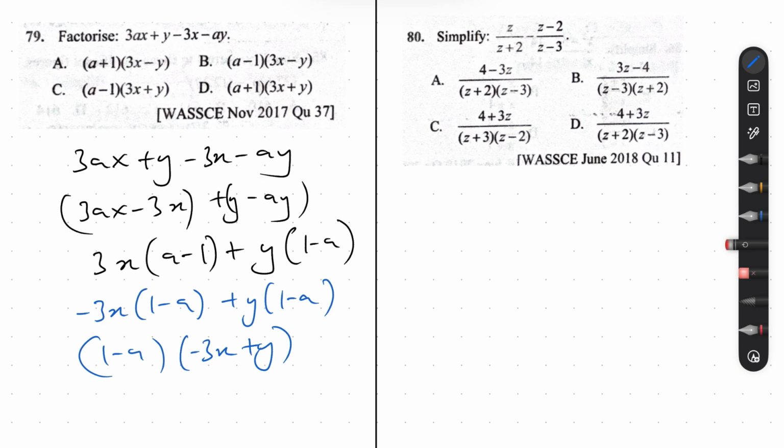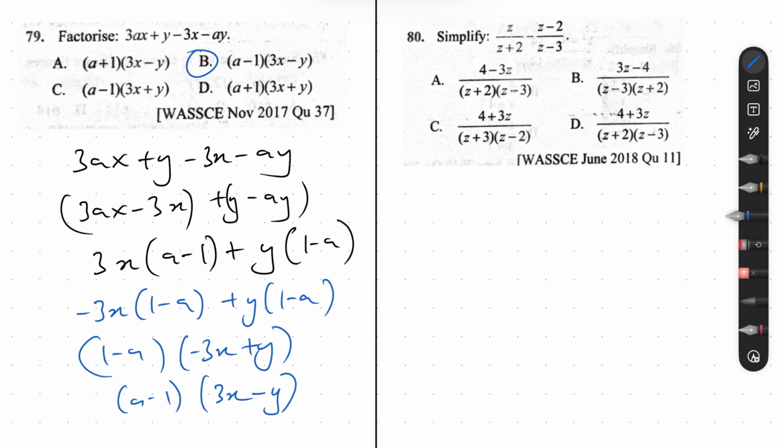So if we do that, what we have is a minus 1 multiplying 3x minus y. Do we have that now? a minus 1, 3x minus y? Yes, which is B. Okay, cool.